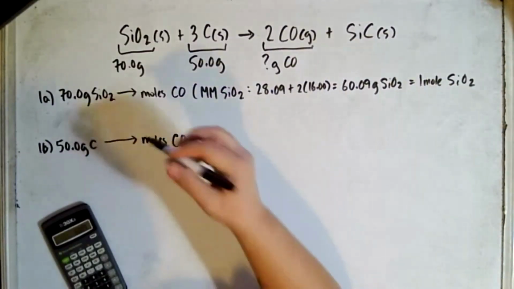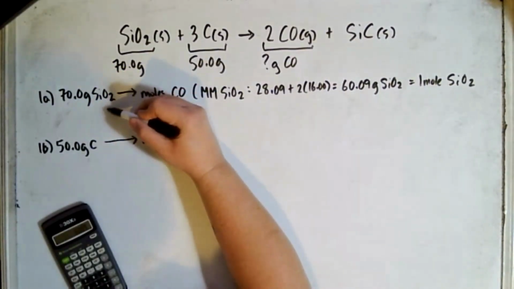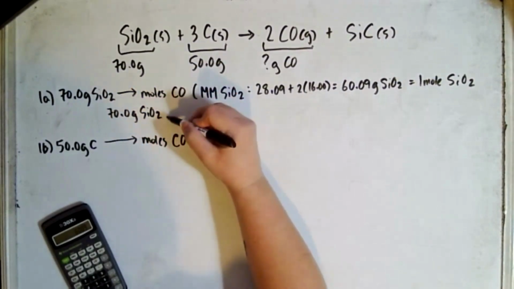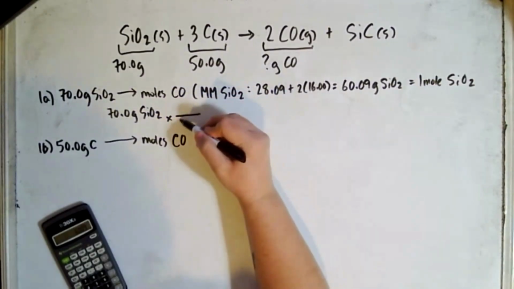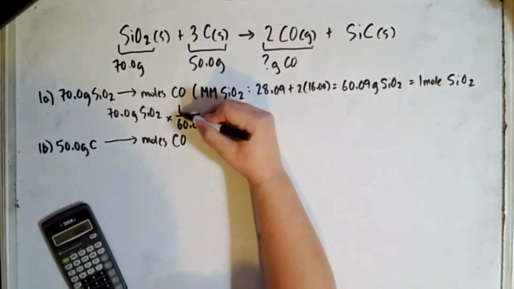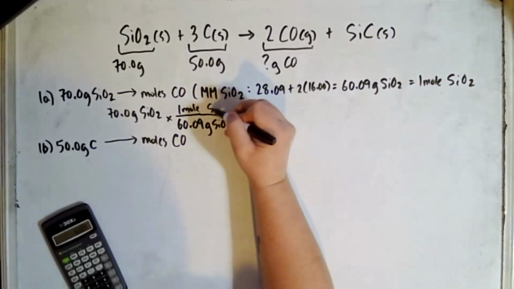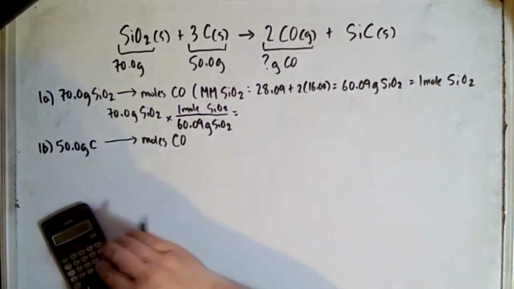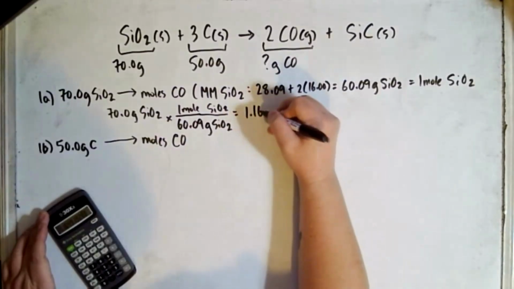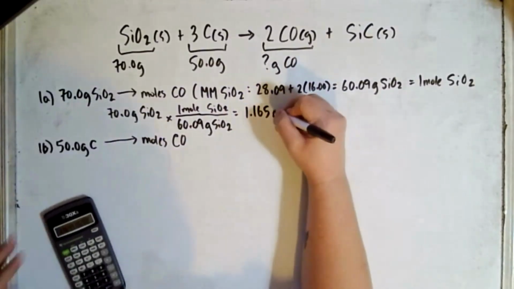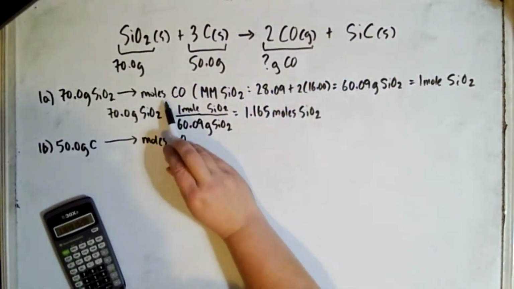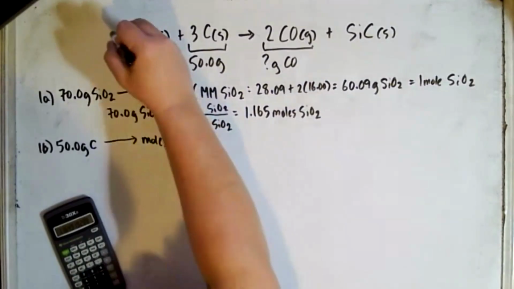All right, and so now we can take our 70 grams and the first thing that we'll do is use the molar mass to convert it into moles. And now we want to convert it into moles of carbon monoxide. So we look at our balanced equation.